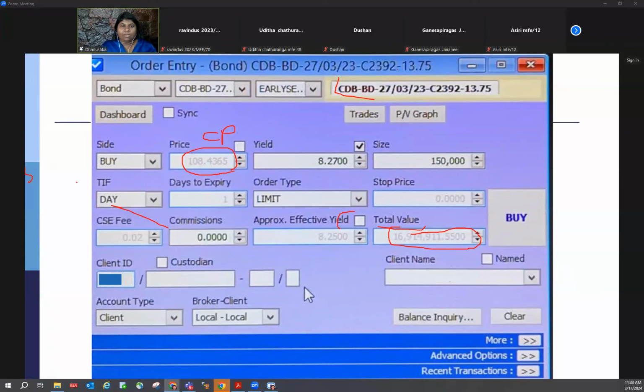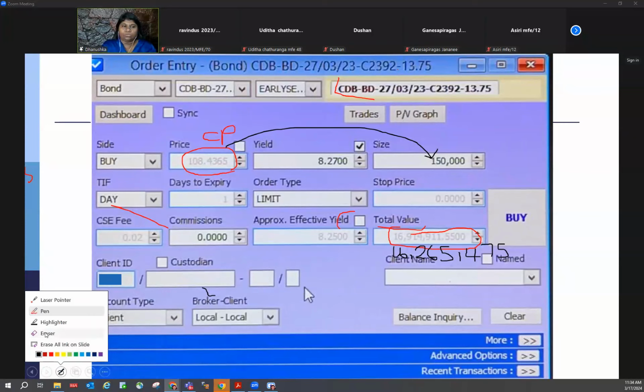If you multiply 108 into, how many shares will you buy? 150,000. If you multiply 108 into 150,000, how much are we getting? 16,265.